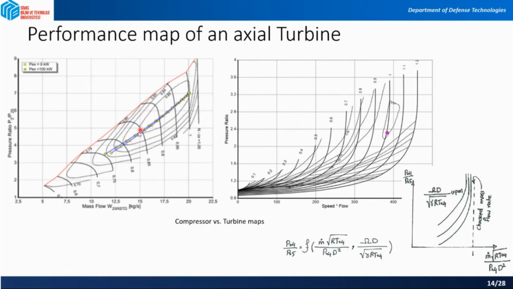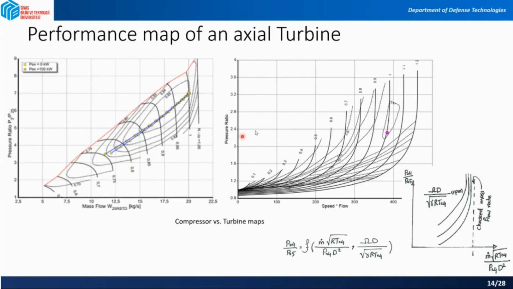Then we are having some choked flow after some points. So these are becoming vertical lines. And in here we had the stall margin. So our working line of the compressor is like these lines that are shown in here.